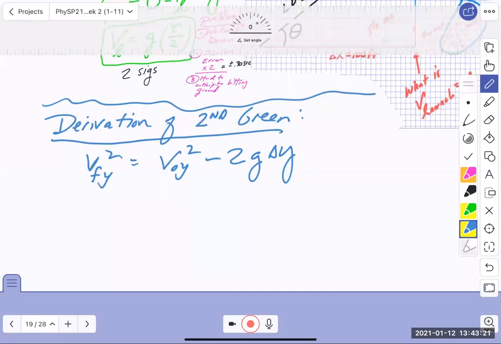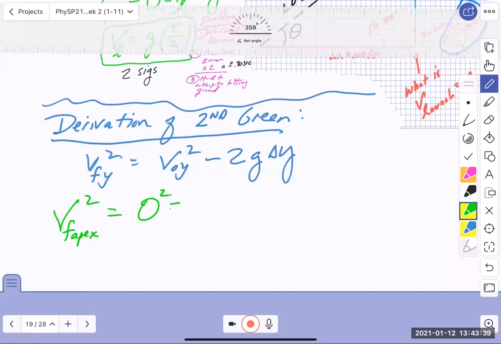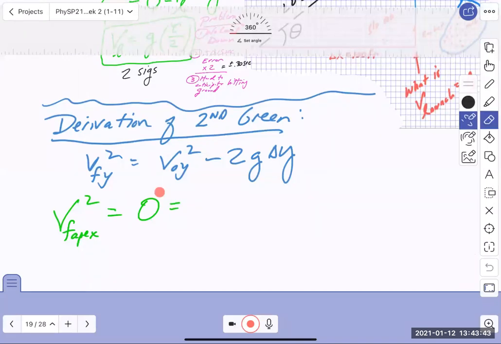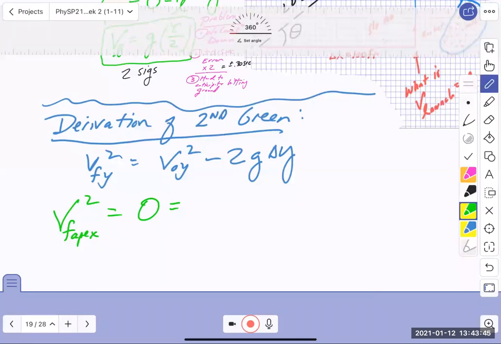So we're looking at it from a launch point of view, from an apex point of view. If I go to the apex, let's go green. V final at the apex squared, well, that's just 0. 0 squared is 0. That's stupid to put squared there, but I'm going to do it. 0 equals, now my V naught is my V launch squared, minus 2g.